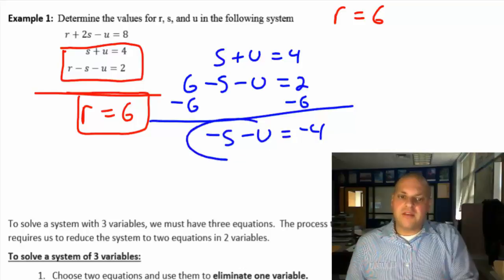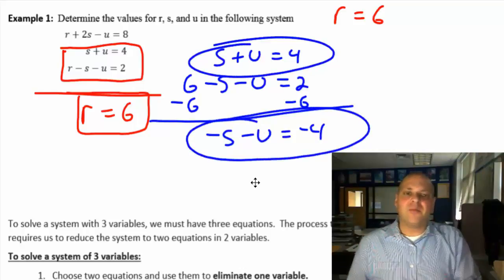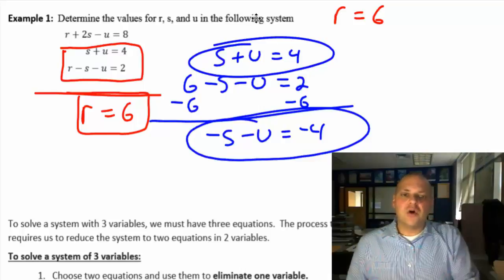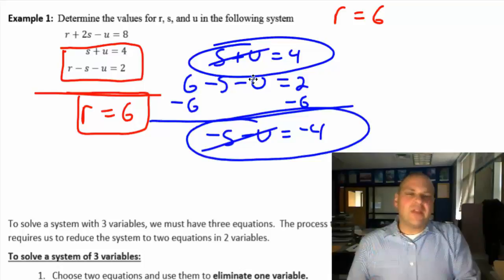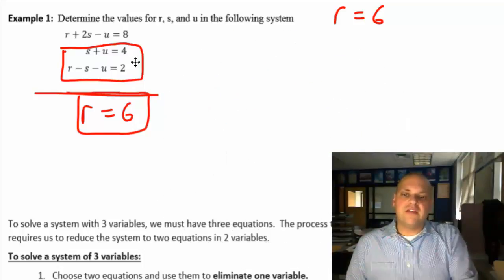The problem is, if I combine these two equations, I'm not going to have any variables left at all, you see. Because s and u are both going to cancel out. So that's not really going to help us. So what we need to do here is get the r here.